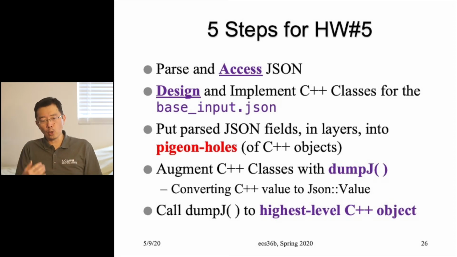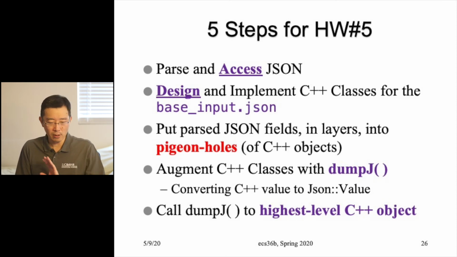So that's why the order is: try to push yourself to get to step 3 as early as possible. Once you get to step 3, step 4 probably only takes 1 hour to implement the dumpj, because dumpj is like 5 or 6 lines of code for each class. I expect you shouldn't have more than 10 different classes, so that should be done very soon.